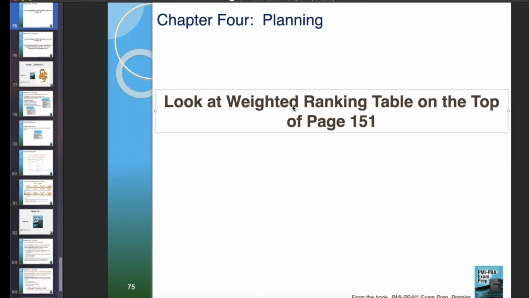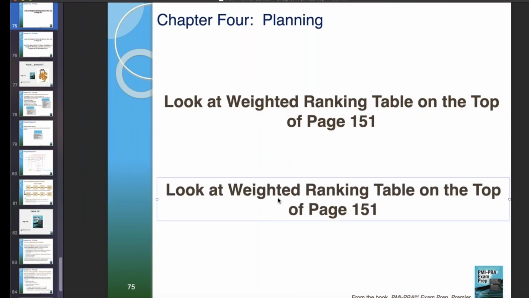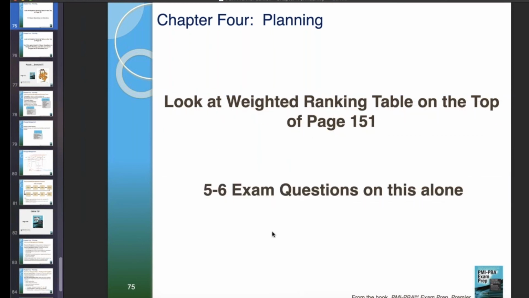You need to mark this page and remember it. Very important. You see how it has an ID number, requirements or features, and it says improve, cost to develop, level of ongoing maintenance anticipated, total score. It's basically a multi-criteria decision matrix to an extent. It's weighted criteria and ranking.